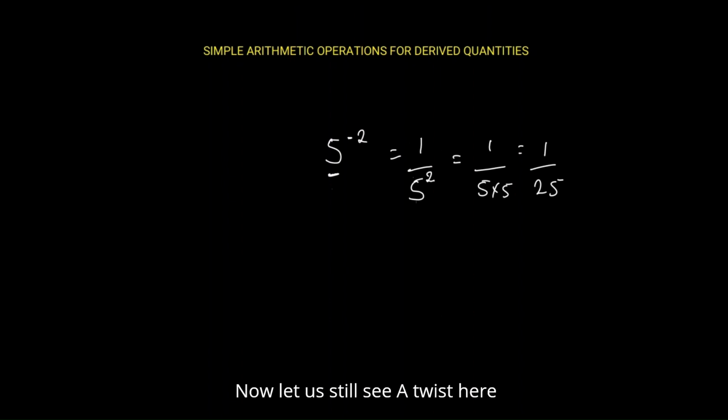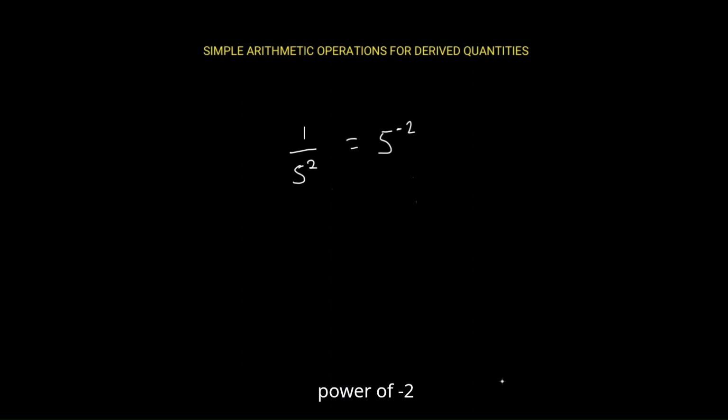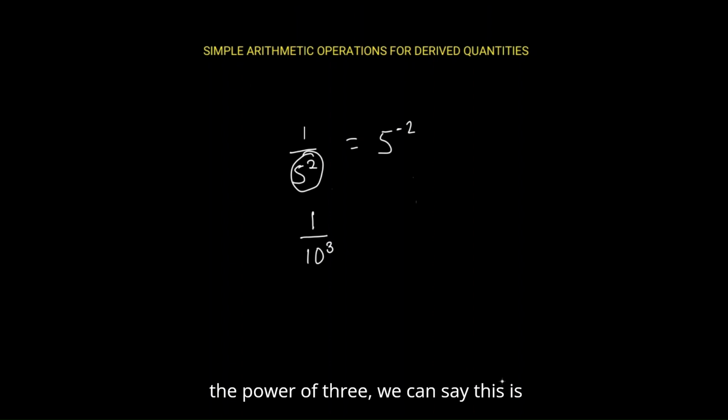Now let us still see a twist here. If you have 1 all over 5 to the power of 2, you can easily change this to 5 to the power of negative 2. Again, 1 over 10 to the power of 3, we can say this is 10 to the power of minus 3.